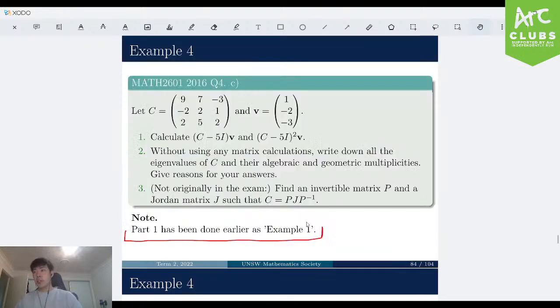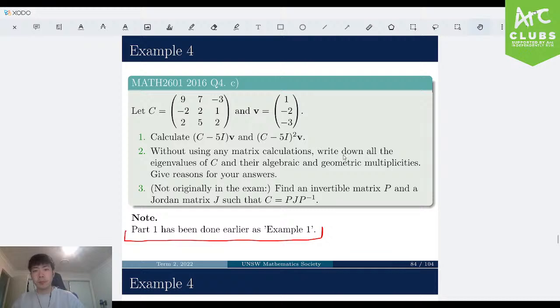And then question 2, without using any matrix calculation, write down all the eigenvalues of C and their AM and GMs and give reasons. So from part 1, we have figured out that (C minus 5I)V gave us some vector, I think it was -1, 1, and then (C minus 5I) squared V gave us a 0 vector.